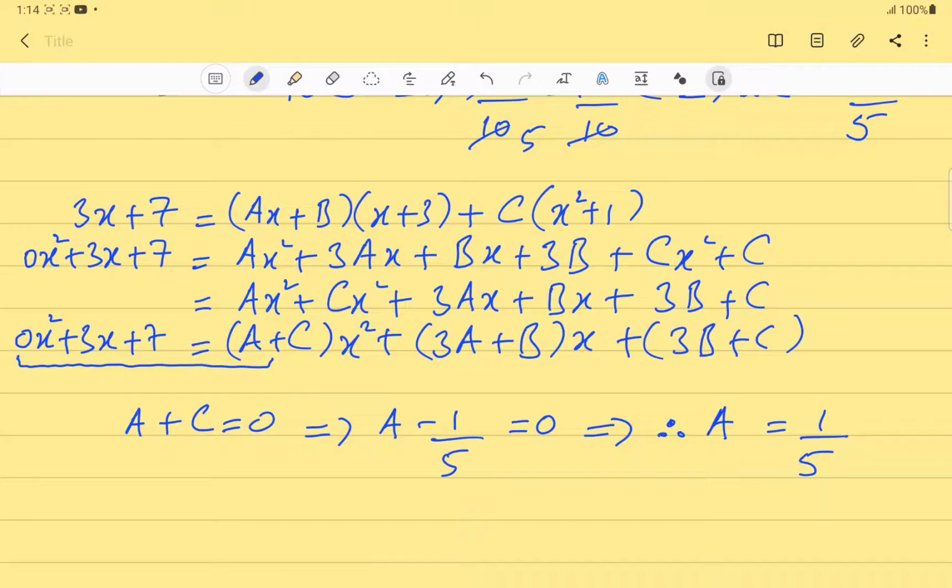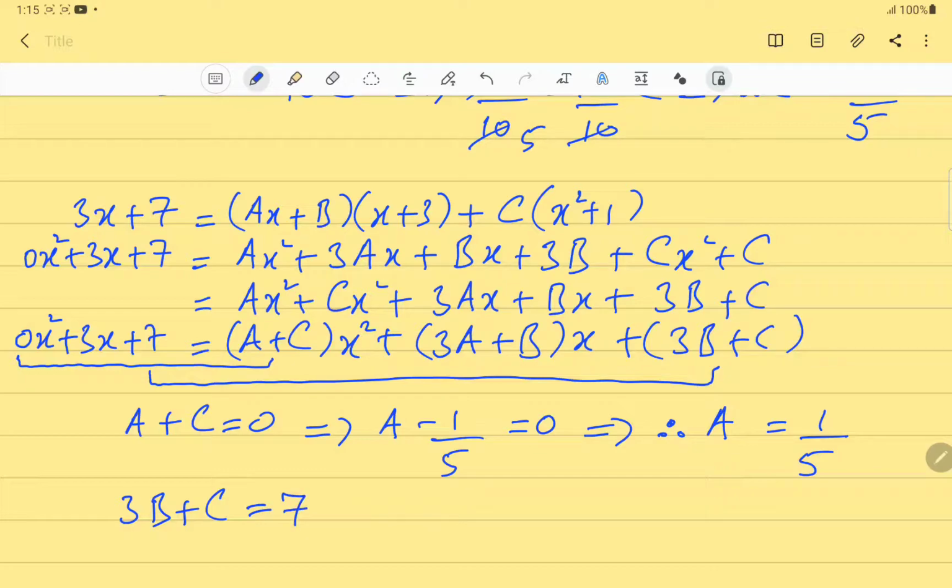And now we compare the coefficients of the terms which are without any x. In that one is my plus 7 with this one, 3b plus c. So 3b plus c is equal to 7. We have the value of c, which is minus 1 over 5.